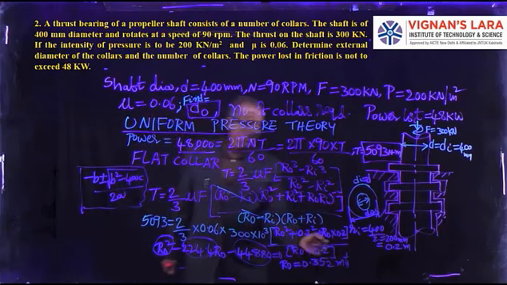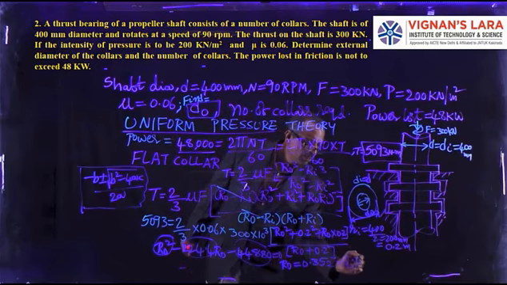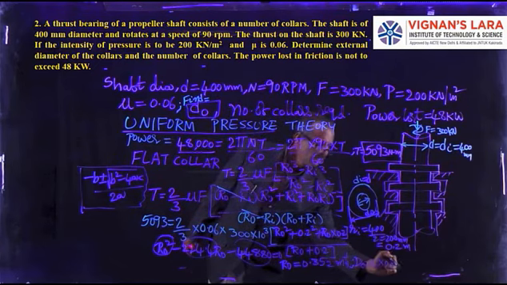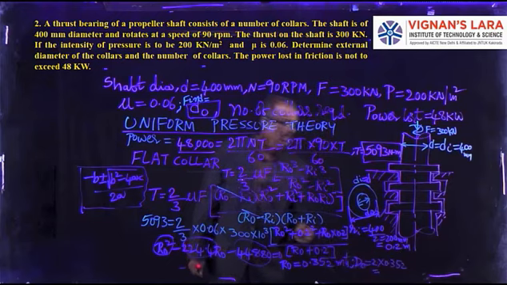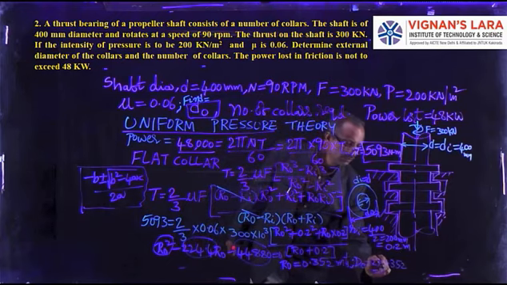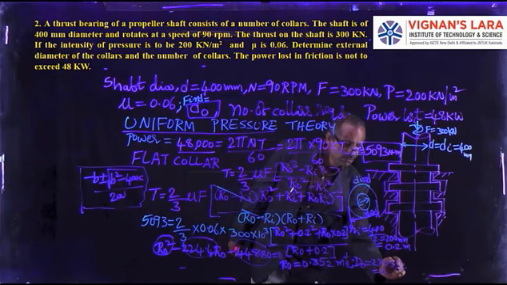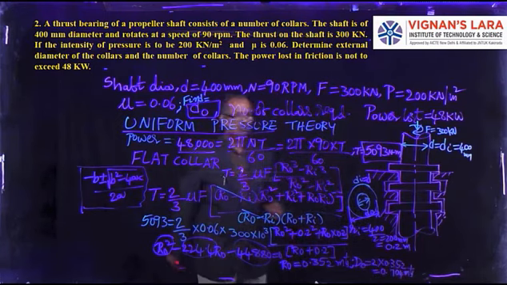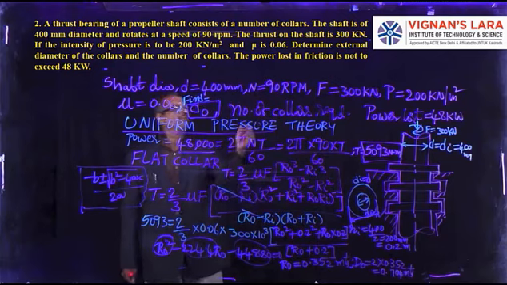So R0 you got means D0 is simply 2 times of it. That is 2 times 0.352, so 2 2s are 4, 2 5s are 10, so 0.704 meters. So D naught is obtained. Then what is required?